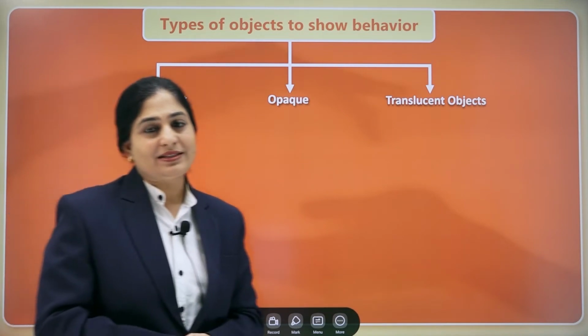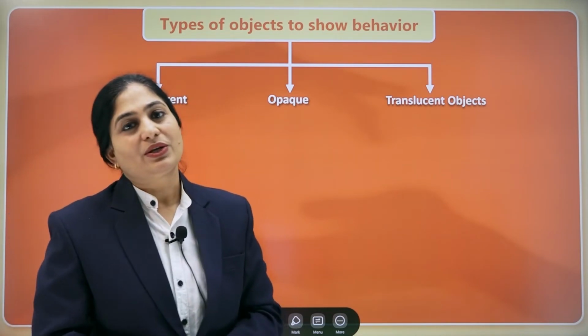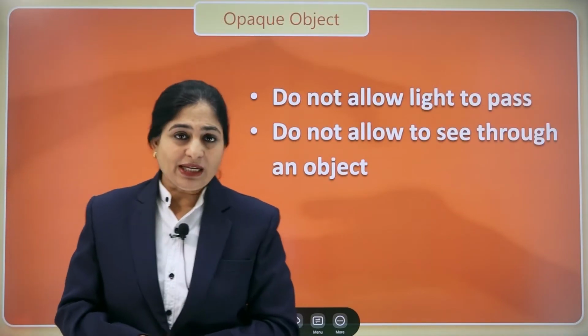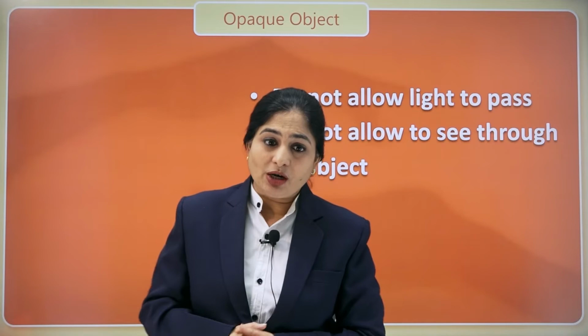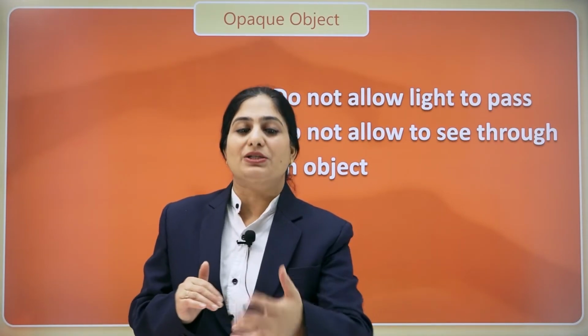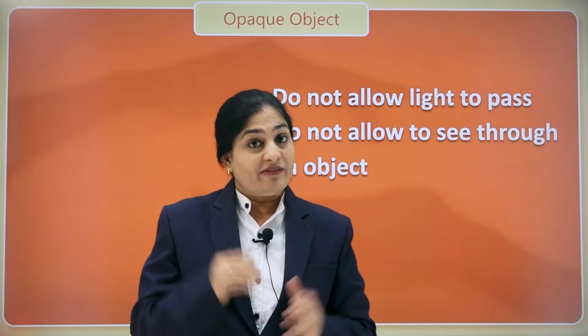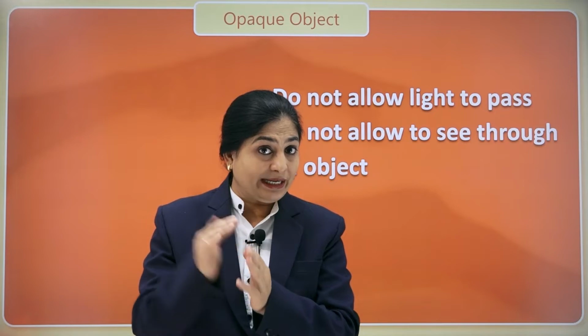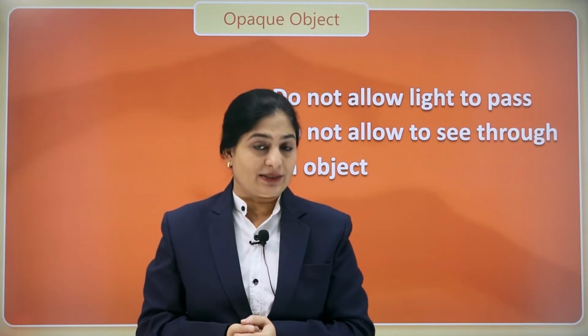So, what are these three? Let us discuss one by one. First, let us talk about opaque objects. Opaque objects do not allow light to pass through them. When light falls on them, they completely block the light and don't allow it to go to the other side.